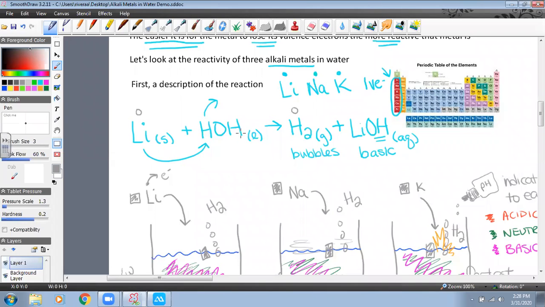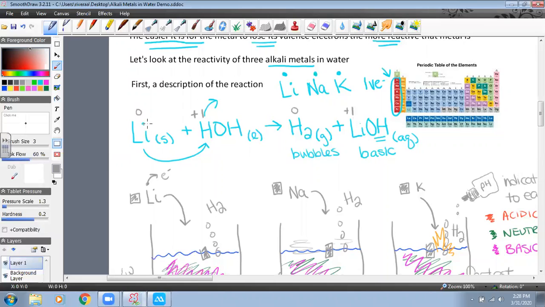Now, it turns out that the hydrogen in water, this front hydrogen in water, has a charge of +1. And the lithium in this compound has a charge of +1.